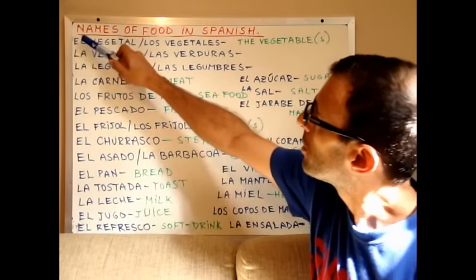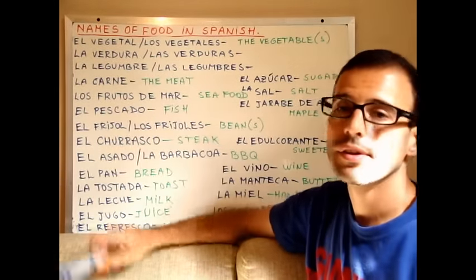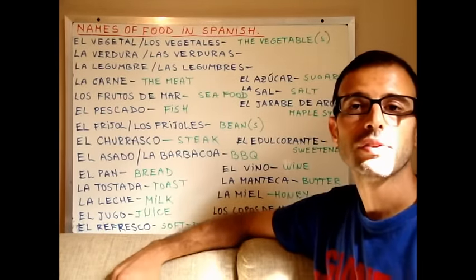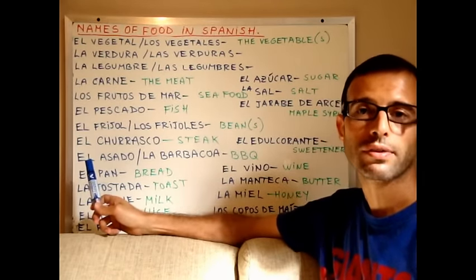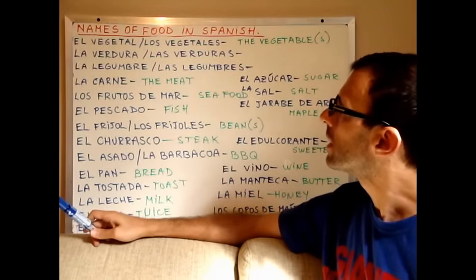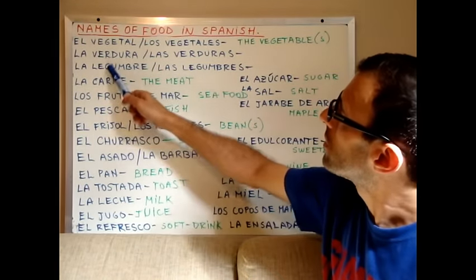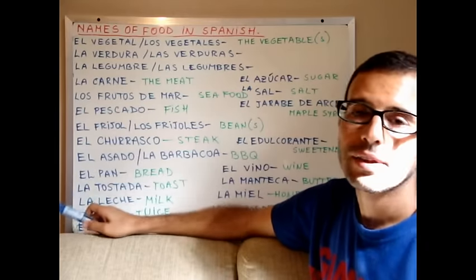I also remember this time to add the article, so you can know if they are feminine words or masculine words, okay? And we will start here with some categories.